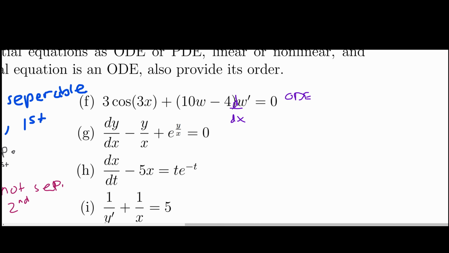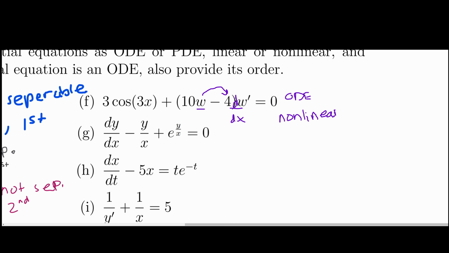However, since it is being multiplied by this w right here, this actually contaminates it, meaning it is non-linear. So again, for it to be linear, it has to be by itself, meaning not inside of something, and it has to be raised to the nth degree.